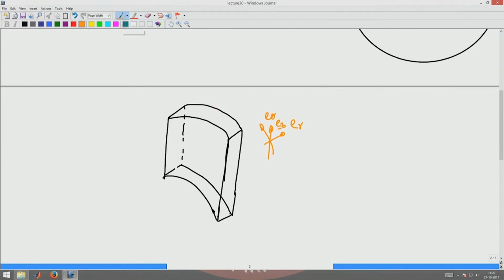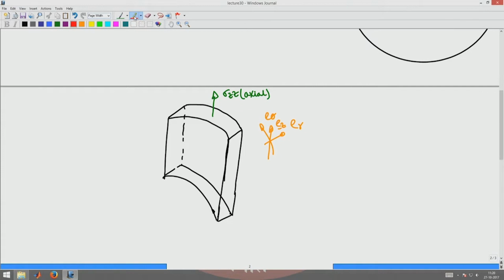Okay. Now, what is this normal stress? This normal stress would be sigma ZZ, also called the axial stress. Now, next let us look at the tangential or circumferential basis.